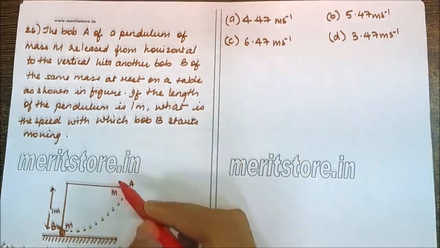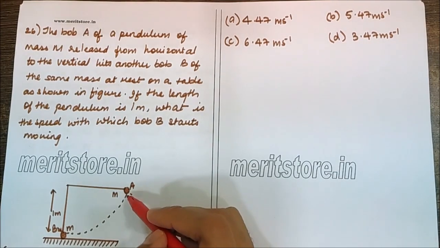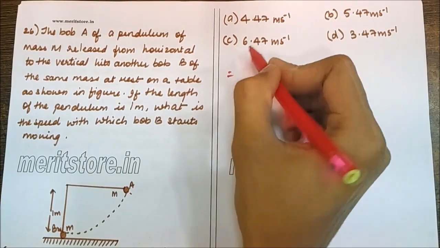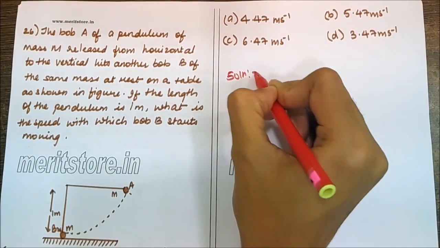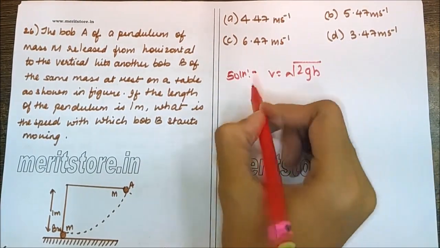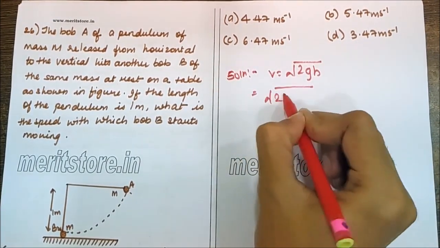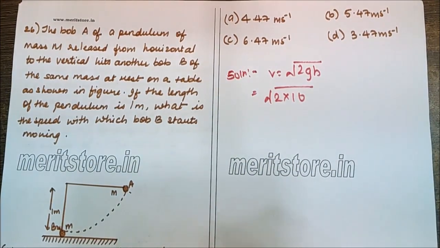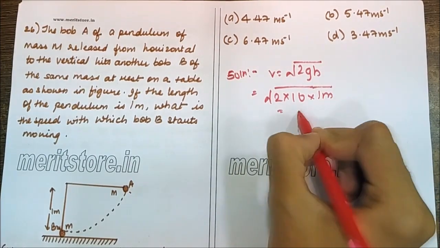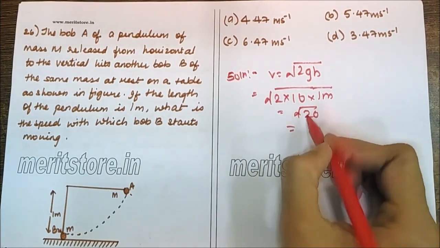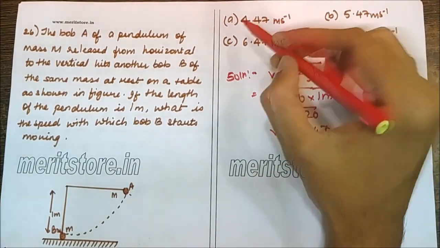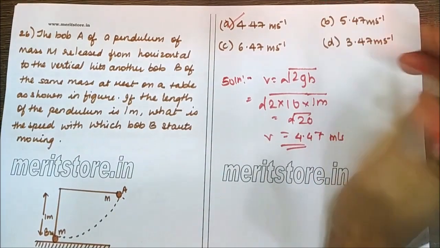So the velocity with which bob A hits bob B, when it comes down from a height h, is given by v equals under root 2gh. So here we have 2 multiplied by g, taken as 10 meters per second square, multiplied by the height, which is 1 meter. So we get under root 20, that is 4.47 meters per second. So 4.47 is option A, the correct option.